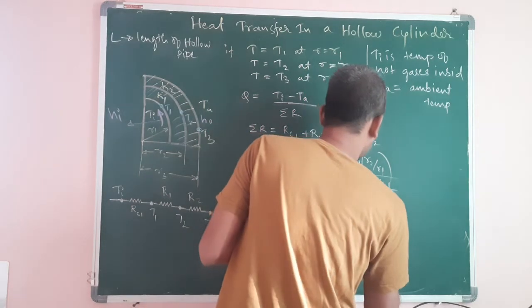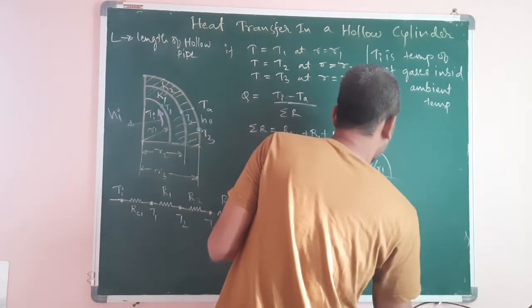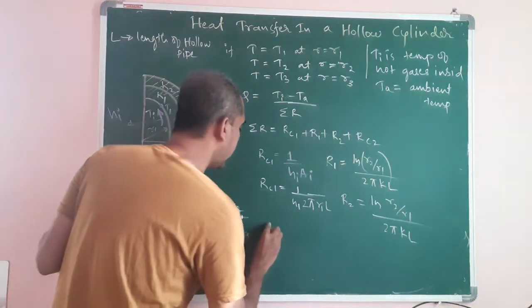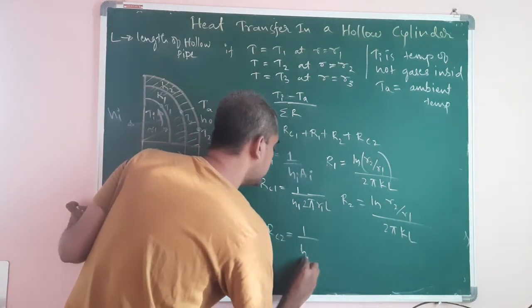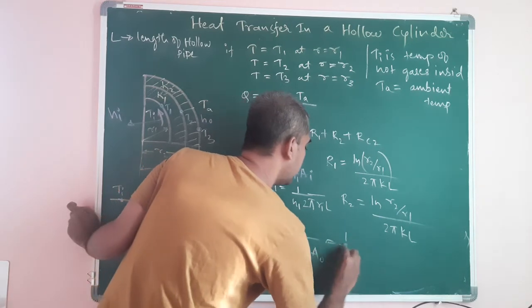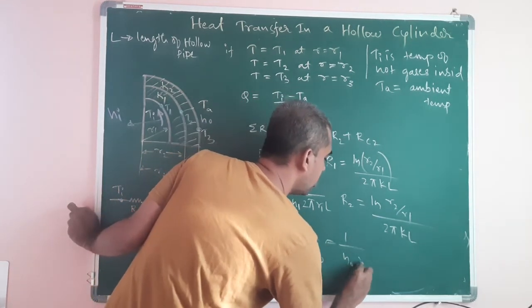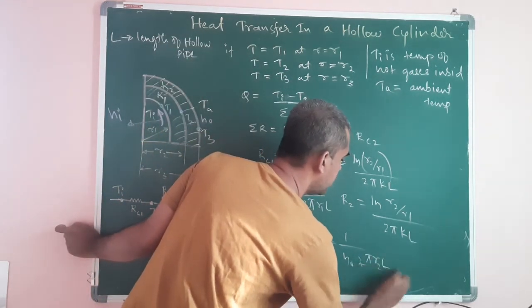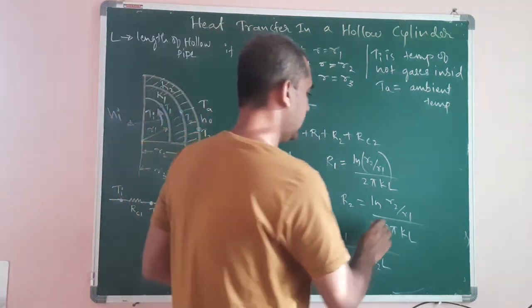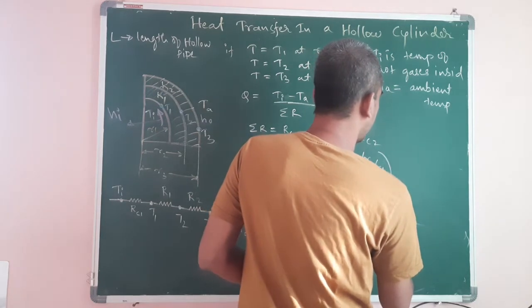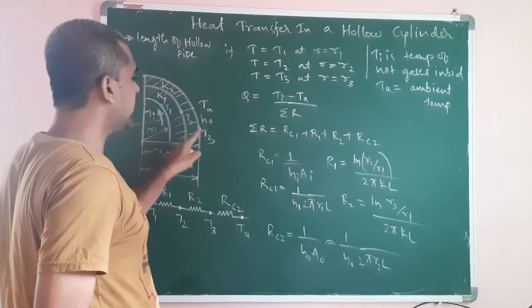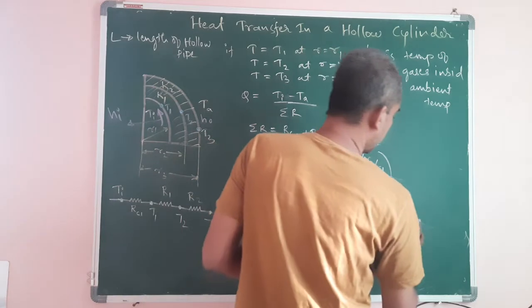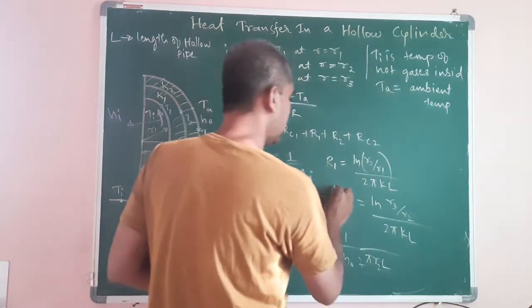Therefore, R2 is equal to ln of R3 divided by R2, divided by 2 pi K2 L. RC2 is equal to 1 divided by H0 into A0, where the outside area is the outer surface area of the cylinder, 2 pi R3 into L. Here it should be R3, because the final radius is R3 and the inner radius is R2. Therefore, we have to take this one.